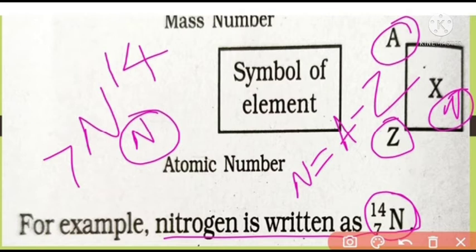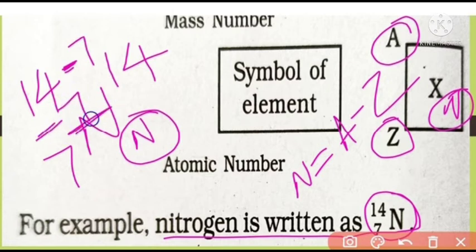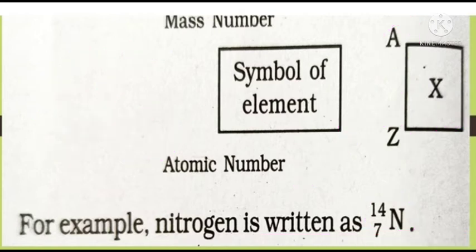This is calculated by subtracting 7 from the atomic mass of nitrogen, 14, which gives 7. This is the number of neutrons the nitrogen atom contains.